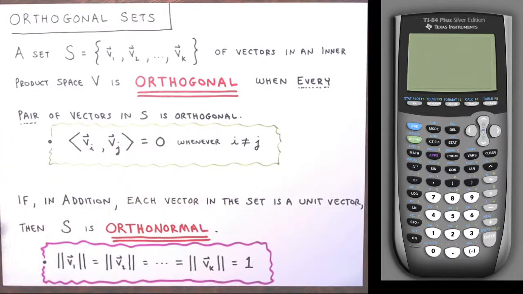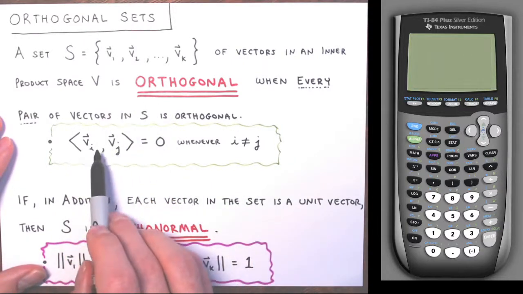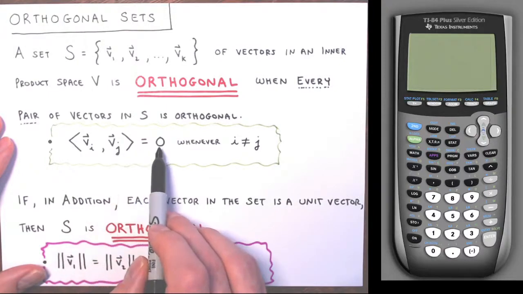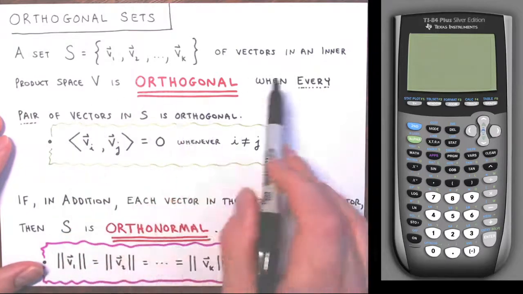Now remember, what it meant for a pair of vectors to be orthogonal was that their inner product was 0. So another way of putting this is that the inner product of v sub i with v sub j will be equal to 0 whenever i is not j. That's what I mean by every pair.